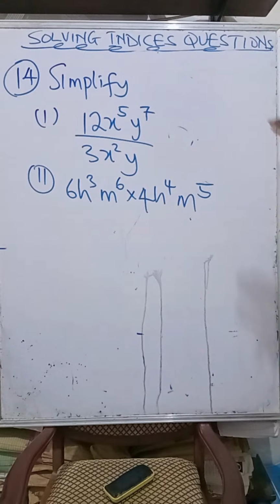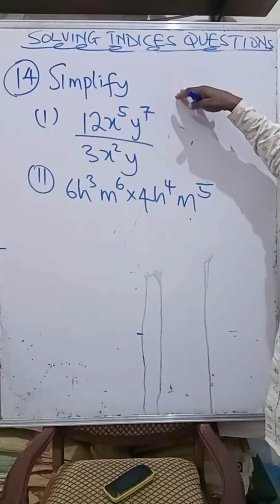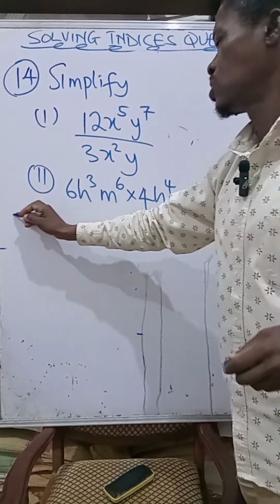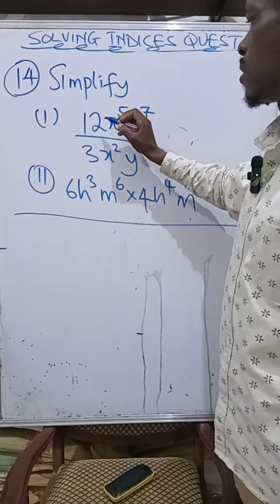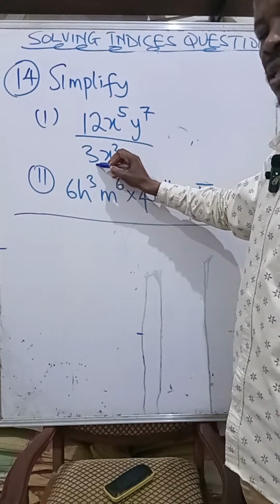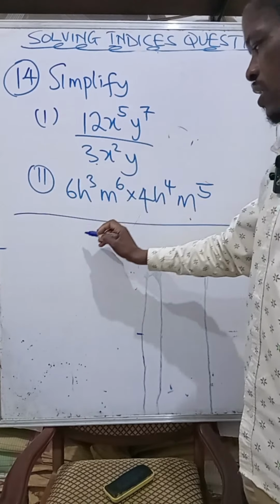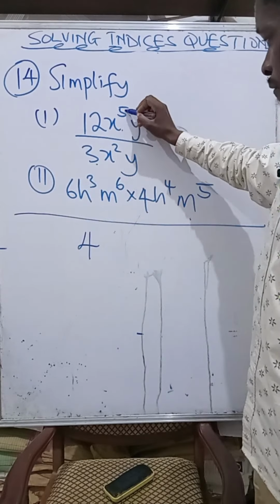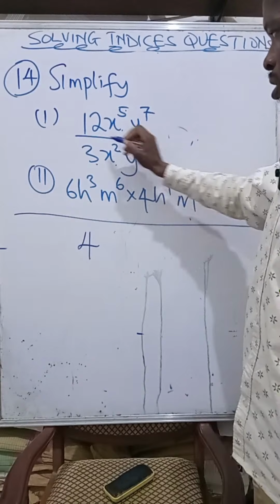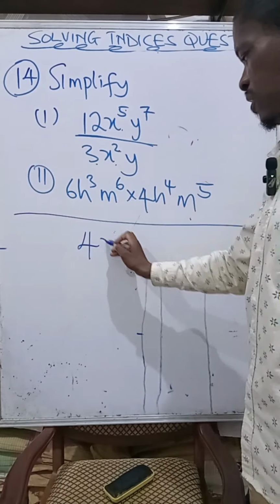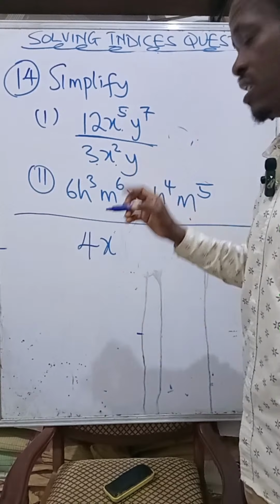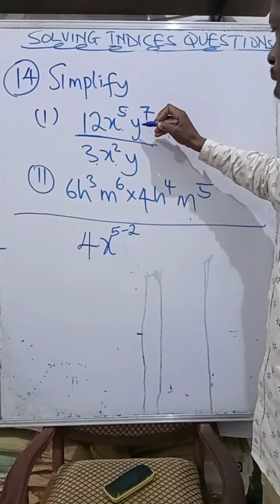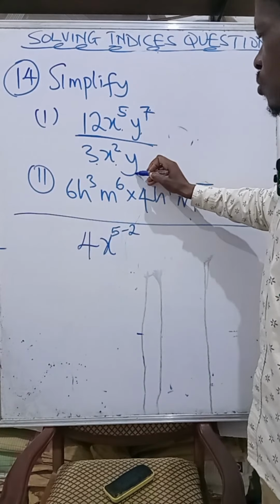Let's look at these questions. Simplify. The first one, we have 12 over 3. Let's do that one first. 12 over 3, that's 4. X to power 5, x to power 2. This is division. You take one of the bases. When you are dividing, you subtract the powers. For the y also, you have y to power 7, and this one is y to power 1.